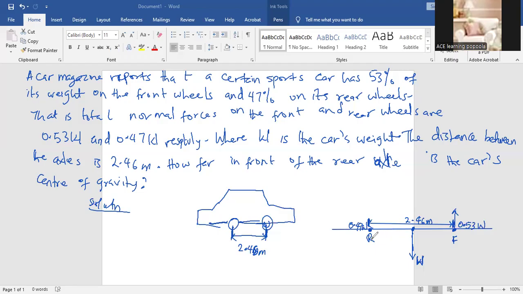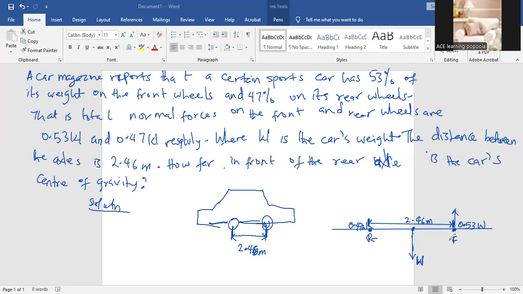So now they are asking how far in front of the rear axle, that is this rear wheel, is this car's center of gravity. Because you can see the forces are not balanced.